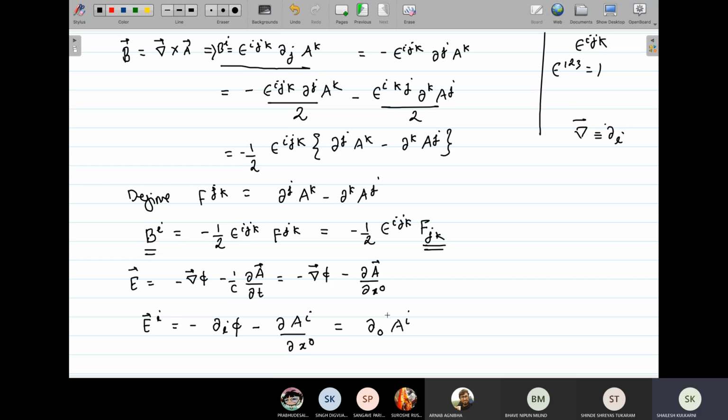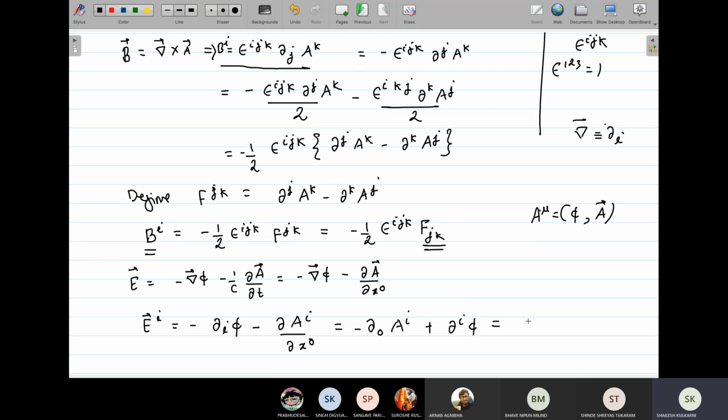I will take this I up, so I will get a plus here: minus del 0 AI, plus del I phi. But what is phi? Phi is A0, you remember A mu is phi and A, so phi is the zeroth component of the vector potential.